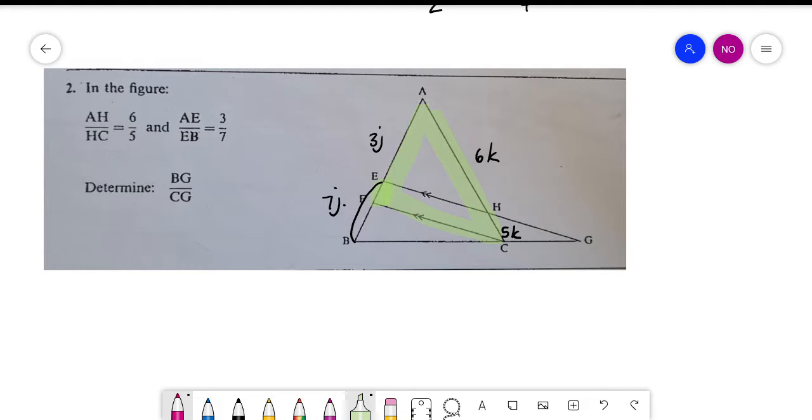I'm going to start off by saying, in triangle AFC.